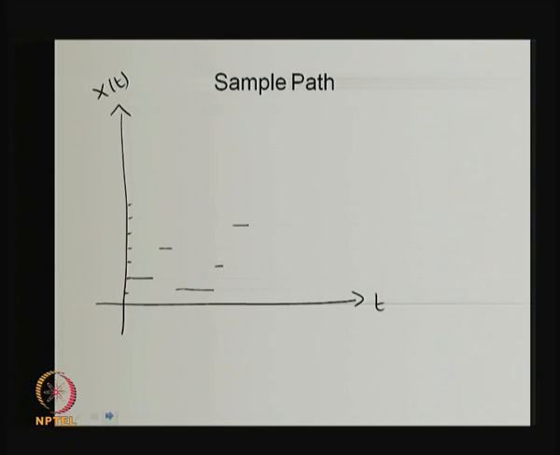Let me show the sample path over the time t on the x axis, and the y axis is x(t). So, the system was in some state at time point 0, it was in the same state for some time, then it moved into some other state, then it stayed in that state for some time, then it moved into some other state and so on. If you see the sample path, the following observation: the system can stay in some state for some amount of time, after that it will move to some other state.